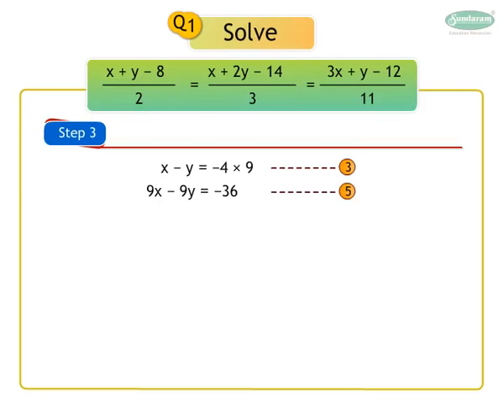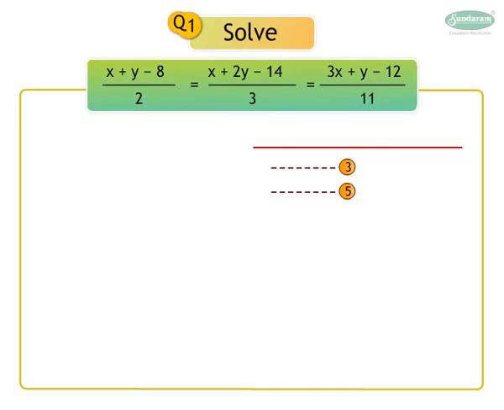Add equation 4 and equation 5. 9x minus 9y is equal to minus 36 plus 5x plus 9y is equal to 64. Hence, 9y gets cancelled from both the equations and we get 14x is equal to 28. So the value of x is 2.